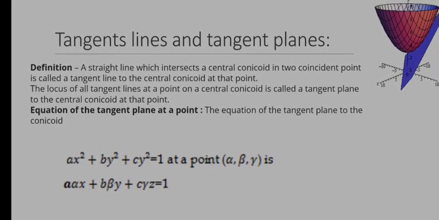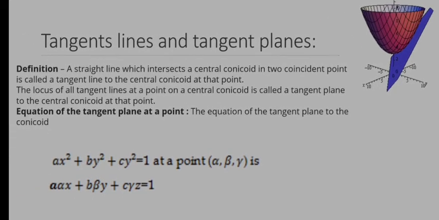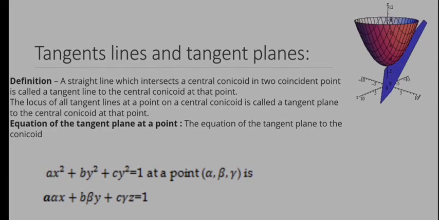The definition: a straight line which intersects a central conicoid in two coincident points is called a tangent line to the conicoid at that point.